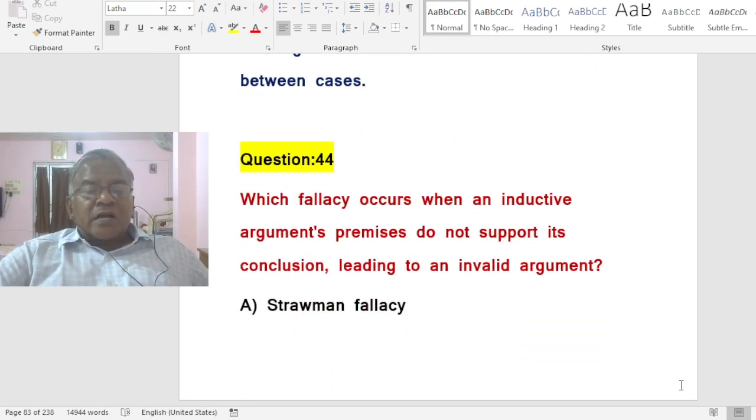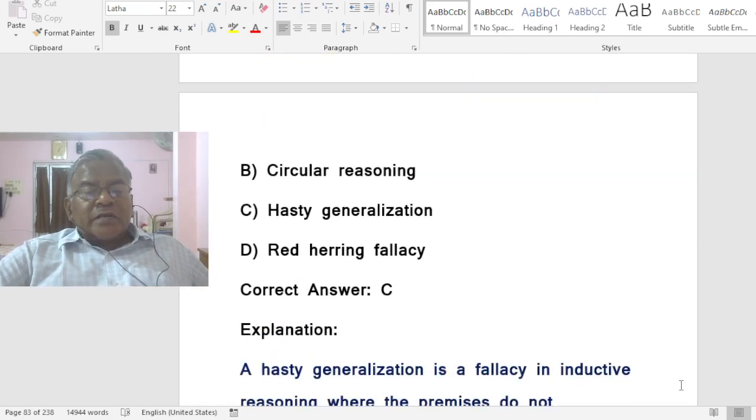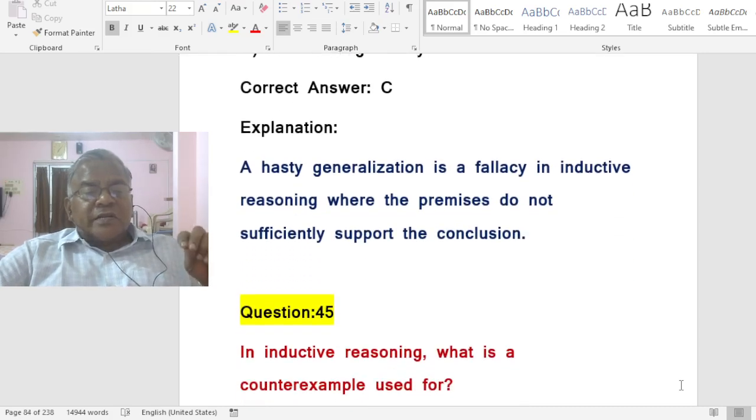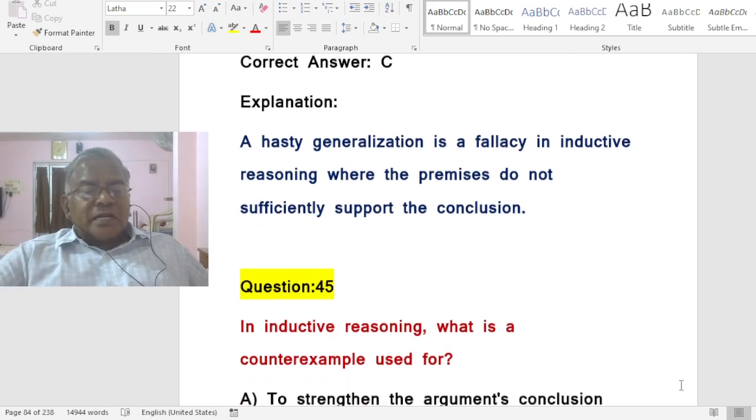Which fallacy occurs when an inductive argument's premises do not support its conclusion, leading to an invalid argument? That is hasty generalization. A hasty generalization is a fallacy in inductive reasoning where the premises do not sufficiently support the conclusion.